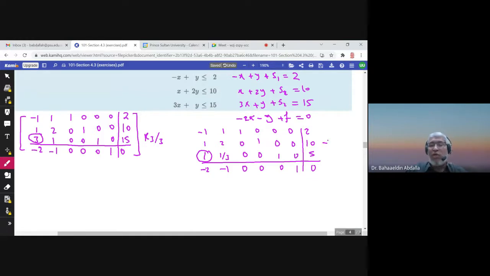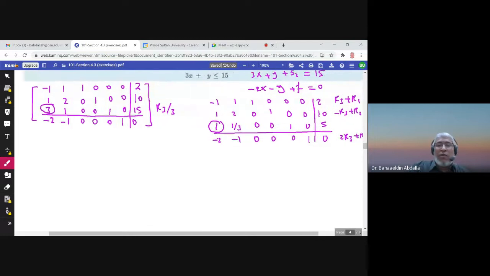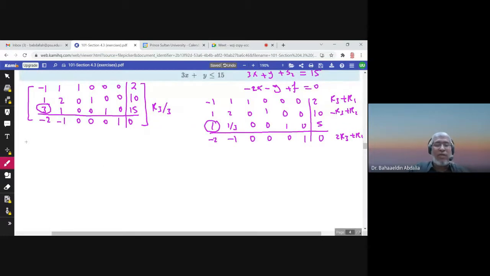So here negative 3 R3 plus R2. Here negative 3 R3 plus R1. And here 2 R3 plus R4. And I will have a new matrix.